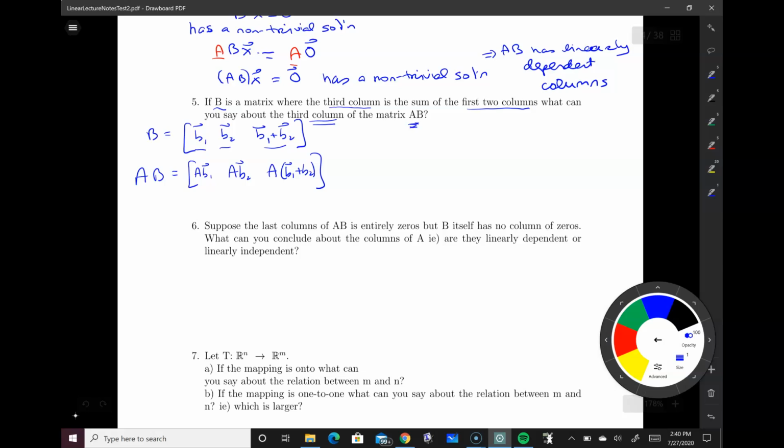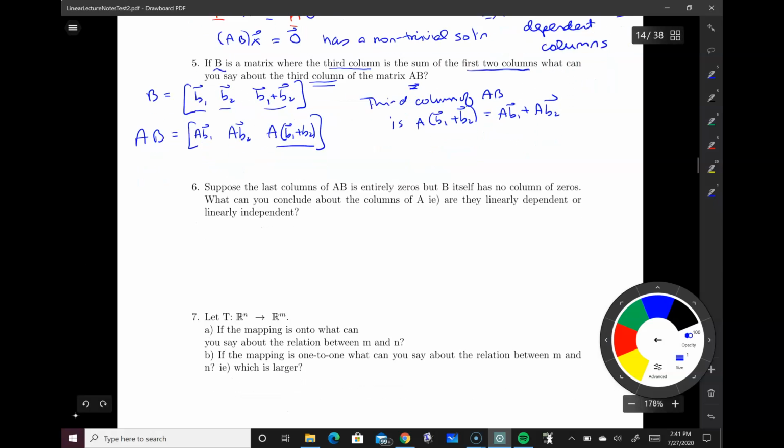The third column of AB is A times (B1 plus B2), which is the same as saying AB1 plus AB2. And so it is the sum of the first two columns as well, just using this multiplied by A.